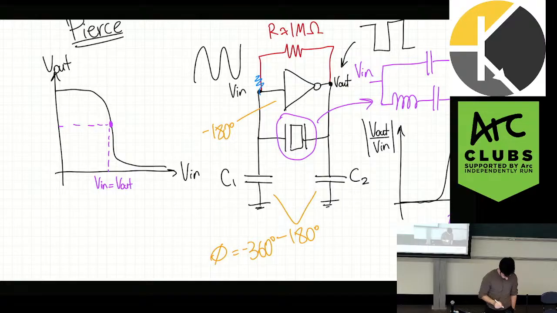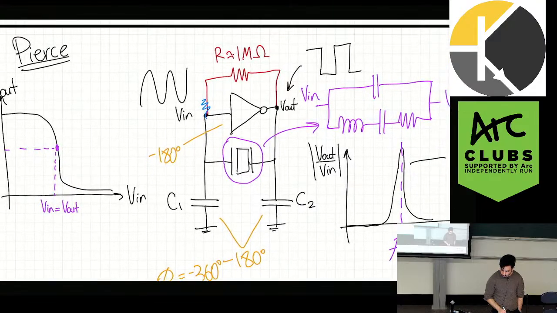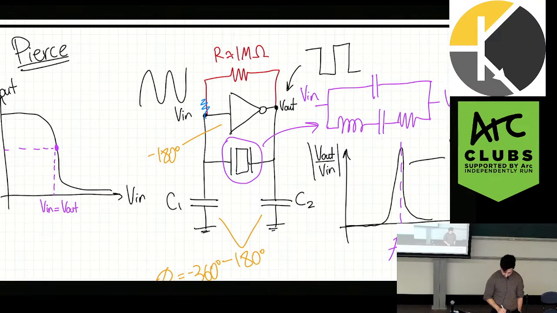Do you mean this impedance? Okay, so the question is essentially whether C2 would be slowing the square wave. Maybe. I think I see your point.